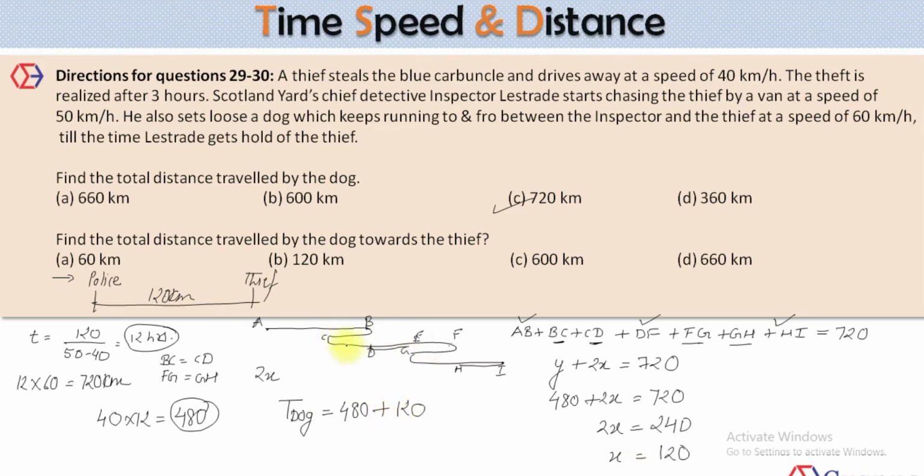He traveled BC towards the policeman, but CD towards what? Thief. FG towards the policeman, but GH towards what? Thief. So CD plus GH must be equal to what? Half of this 2x. So I'll take it equal to 120. So the total distance traveled becomes how much? 600 kilometers. So my answer should be the third option. I hope this is clear to everyone. Let's move on to the next one.